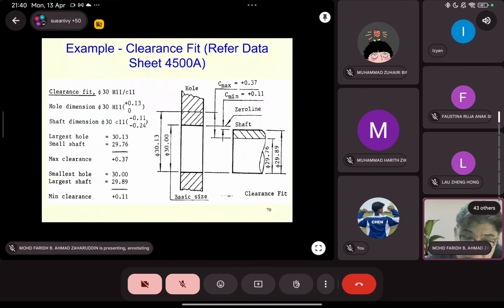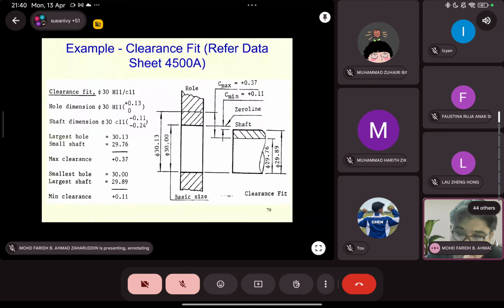Smart. Okay, thank you, 1 mark for Izian. Correct answer. I hope everyone understands why Izian answered 30. Remember the definition. Or I give you a tip: do not mention the numbers or the value after the decimal point. So the nominal size, basic size for this shaft and also hole is 30 mm diameter, for example.